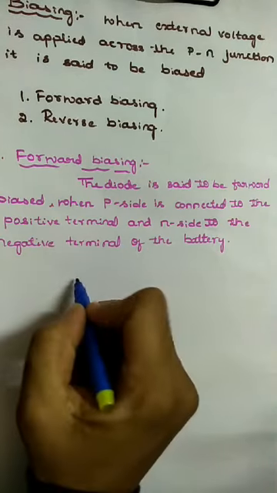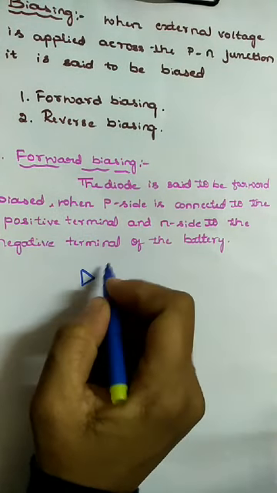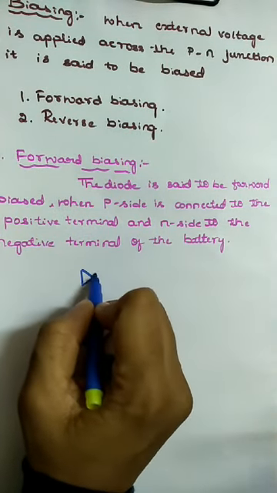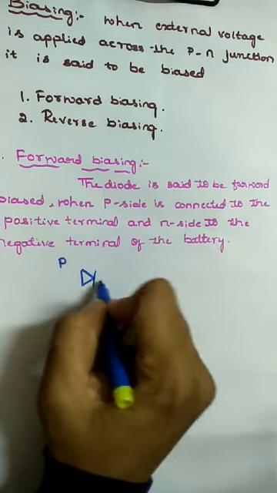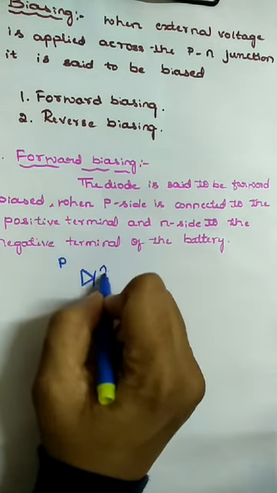So let us see how. This is the symbol of the PN junction diode, and this is the N type.